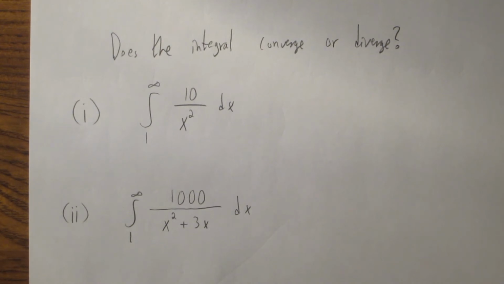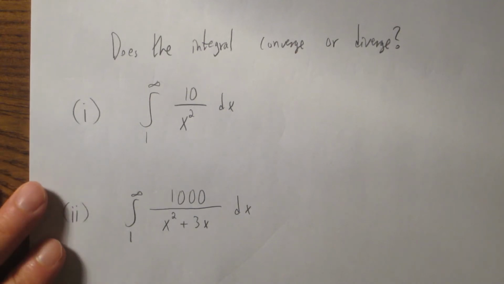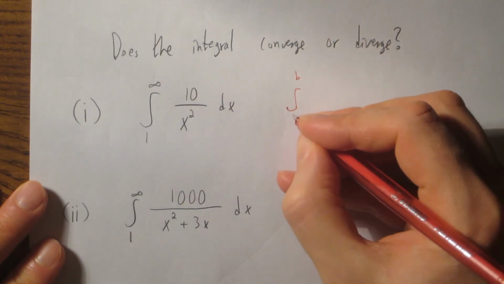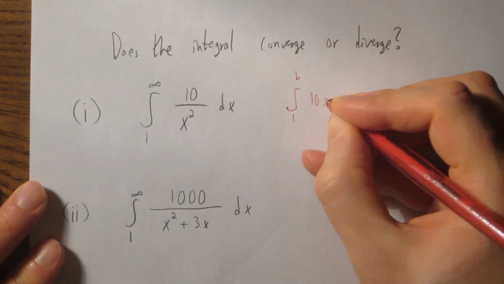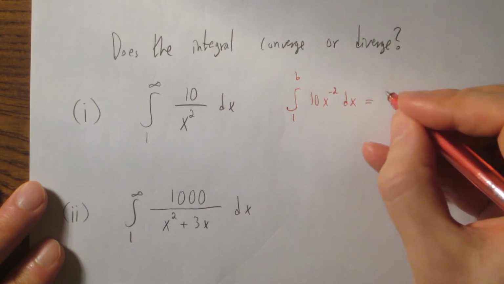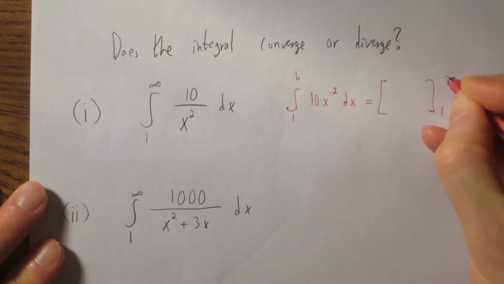Two improper integrals, we investigate whether they converge or diverge. The first one we treat in the ABC manner. So first we look at the proper version. Remember, we don't like denominators, so we integrate from 1 to b.